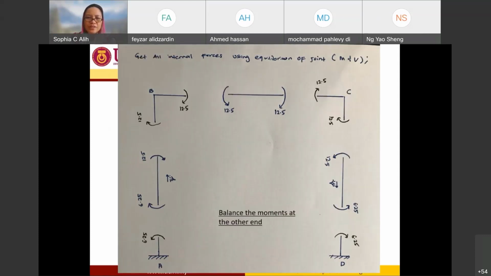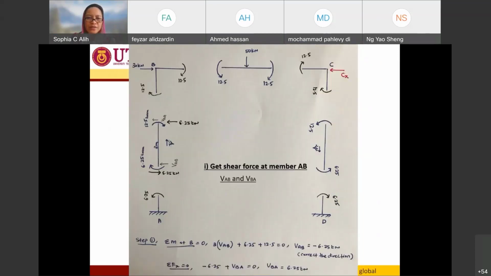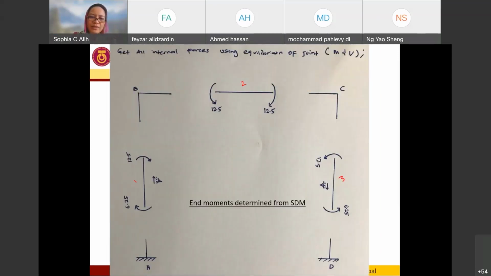So the first thing that I can do, the moment I have the end moment over here, I need to balance it on the other part of the member. So if I have in here clockwise direction 6.25, I need to balance it with counterclockwise direction 6.25.